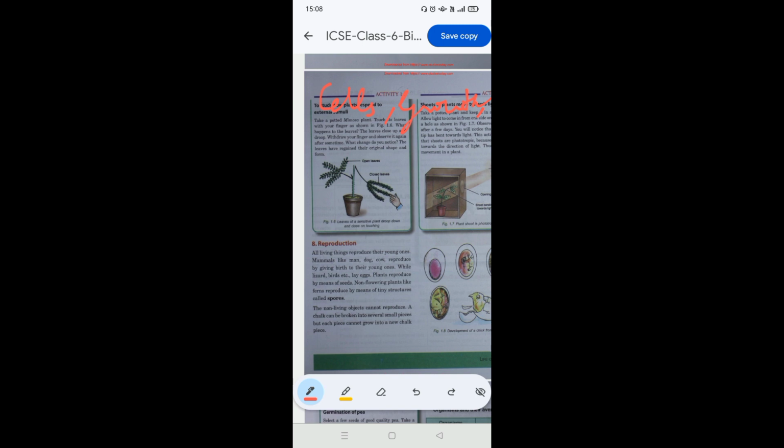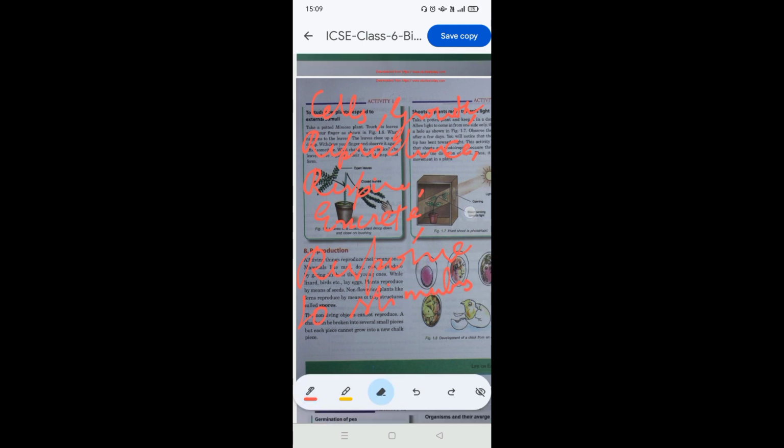Next, they reproduce, respire, they excrete, respond to stimulus, they intake nutrition, and they show movement.